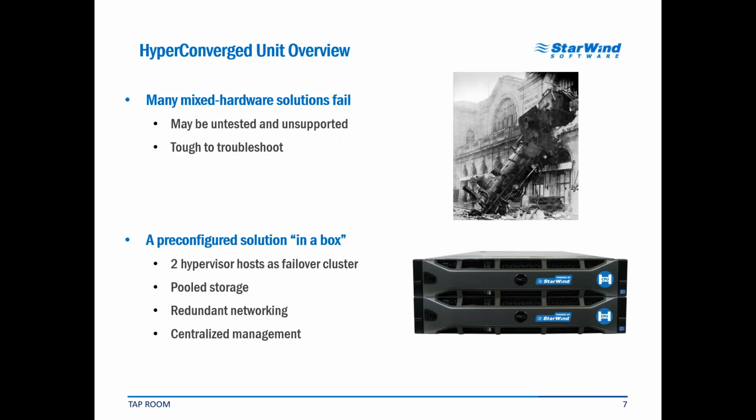Let's go next. This is a quick overview of why hyper-converged is actually better than many other mixed hardware solutions. Since I'm a senior solutions engineer, I can tell you from the inside what really matters.